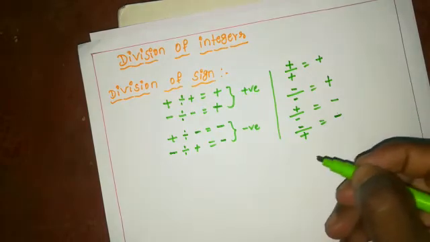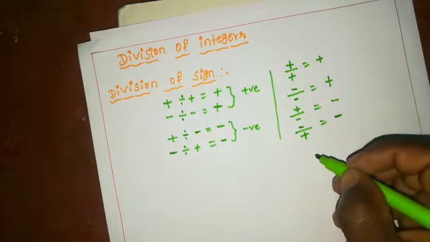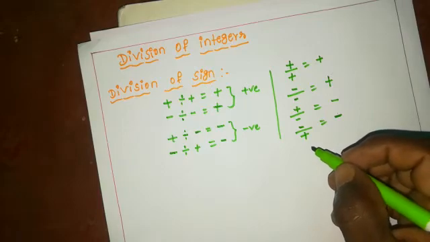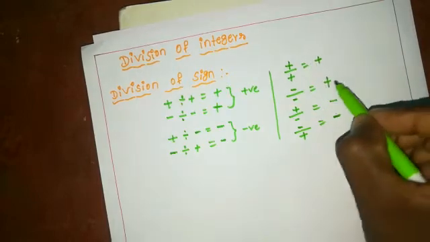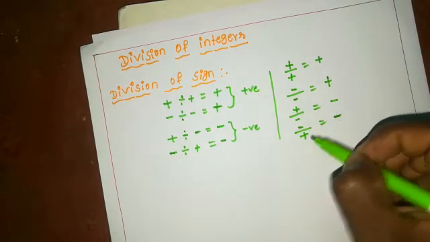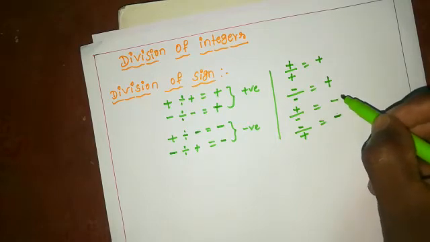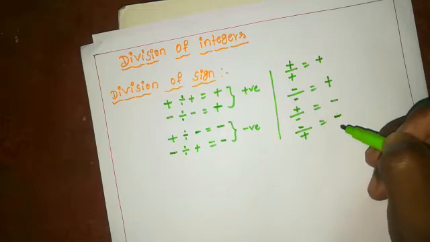Thus we divide the sign. Once again, when you are dividing the same sign, either plus or minus, we always get positive, which means plus. When we are dividing the opposite sign, one is plus and another is minus, or one is minus and another is plus, in both cases we get negative.